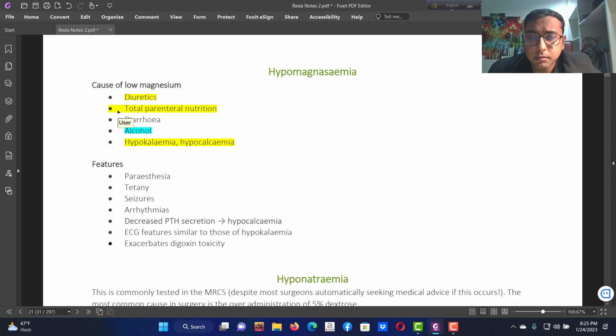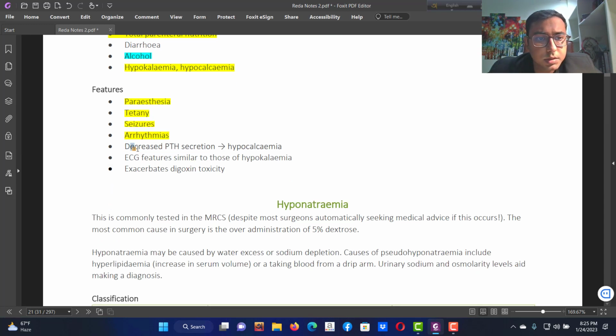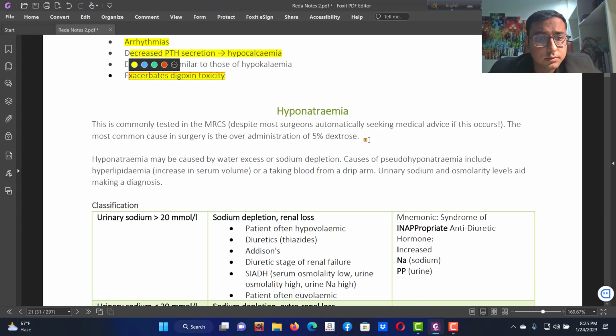Hypomagnesemia and hypophosphatemia are two important metabolic problems that come with Kabiven treatment, or total parenteral nutrition. In our country it is called Kabiven. We all know what Kabiven is. Features include paresthesia, tetany, seizures, arrhythmias, decreased PTH secretion and hypocalcemia, which I already told you about. It also exacerbates digoxin toxicity.